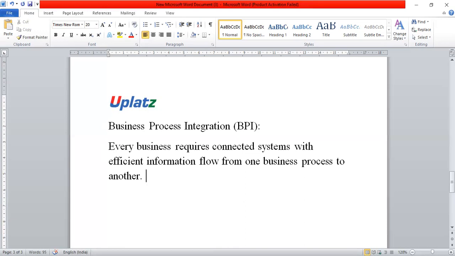Next, BPI. BPI means business process integration.